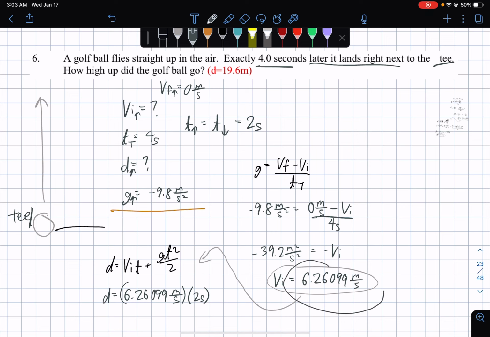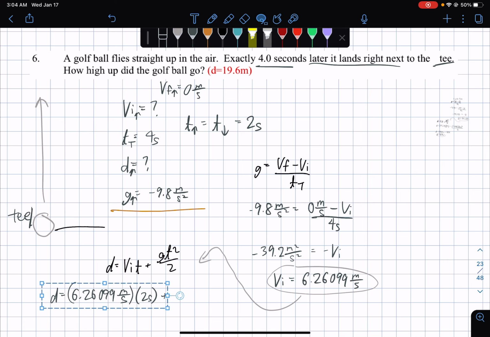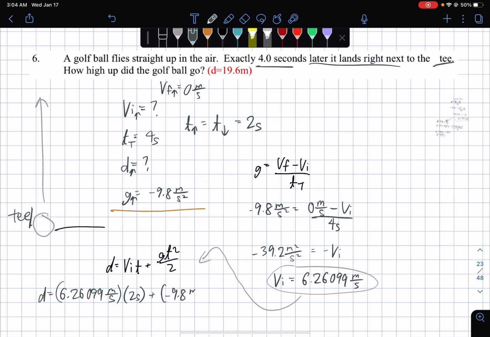Either way, just like what I said a while ago, the Vi is still the same. So g is negative 9.8. Need more space. Time is 2 seconds.